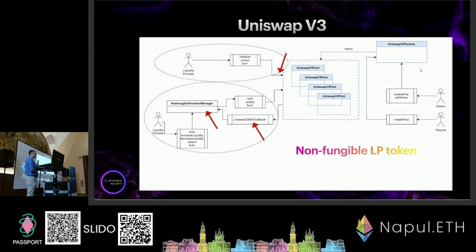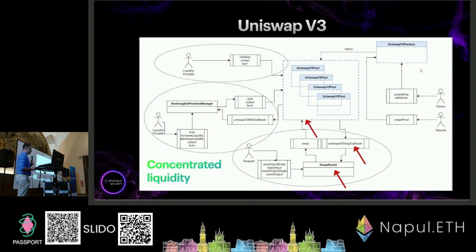That was an official contract by Uniswap Labs, and it calls the Uniswap pool on your behalf. The Uniswap pool does the callback, and the callback is handled in this non-fungible position manager. So it's transparent for you as the user, even though there are those callbacks there.